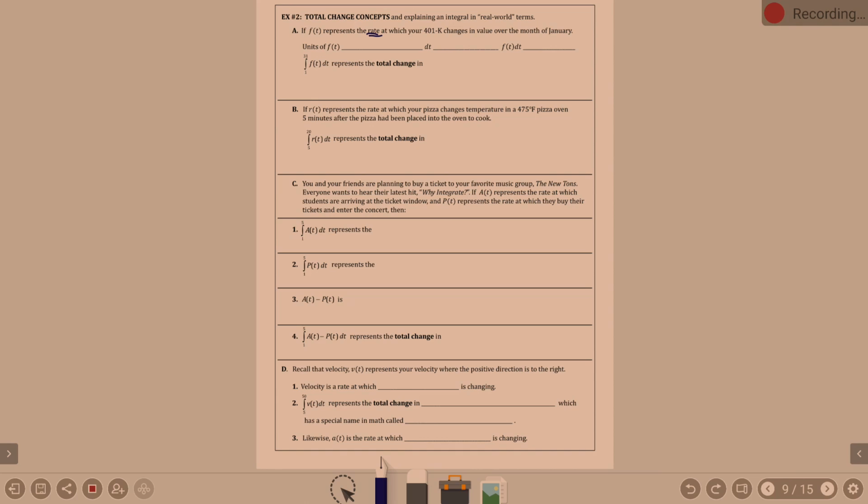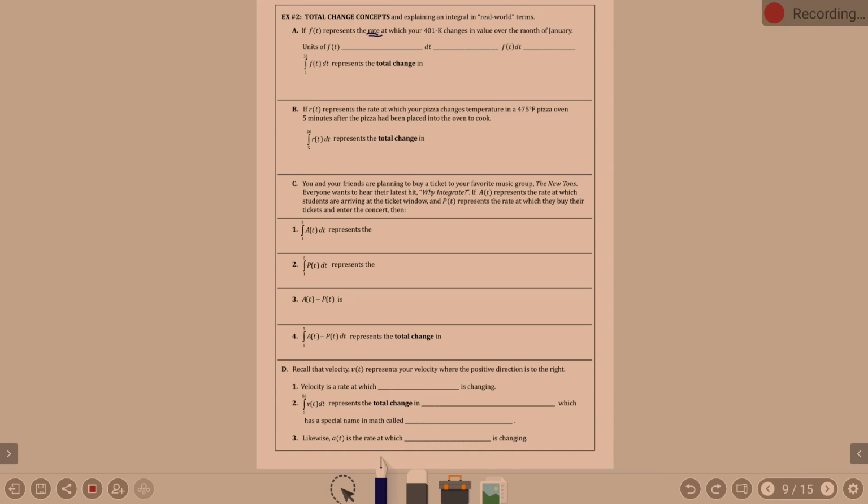Okay, so f of t represents the rate. So units of f of t. Wait, I'm trying to remember how these blanks work. Oh, okay. So we're doing units of f of t, units of dt, and units of f of t dt. There we go. So units of f of t. f of t represents the rate at which your 401k changes in value over the month of January.